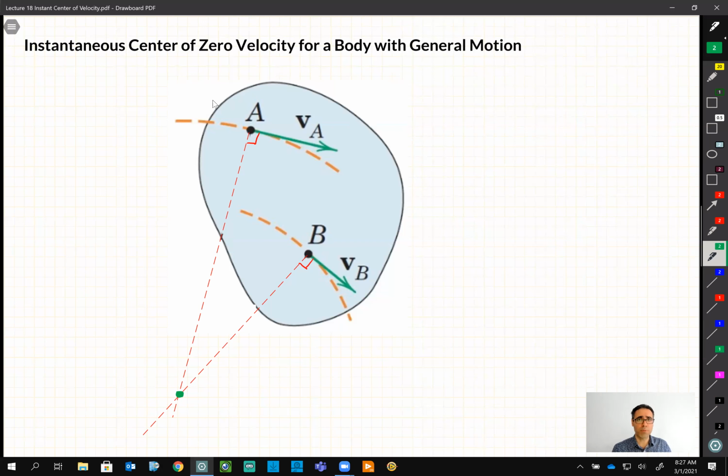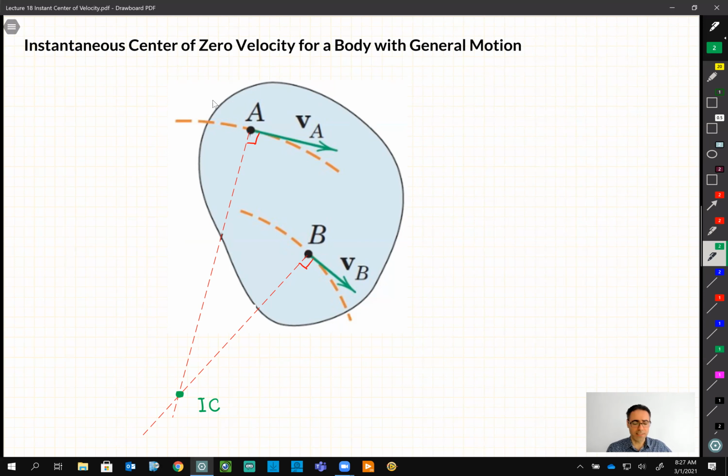The same for point B. So if point A and point B are both rotating about one center, and both of these points are part of a rigid body, it means the center for these two has to be the same, which we showed has to be the intersection of these two lines. So with that logic, we can say that this is the instant center of rotation, IC, for points A and B.